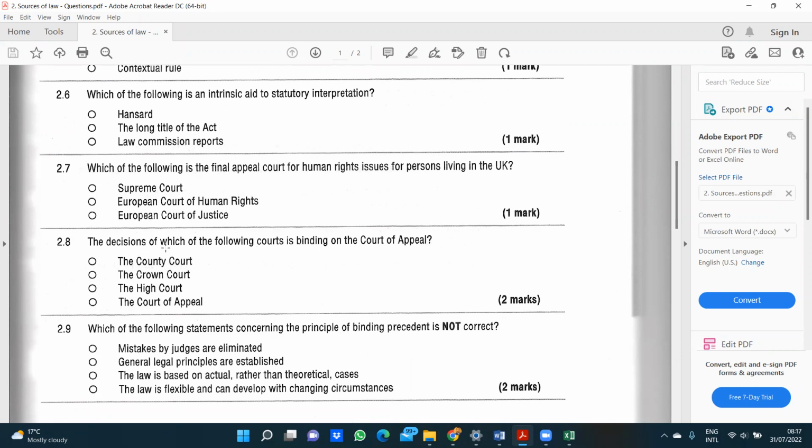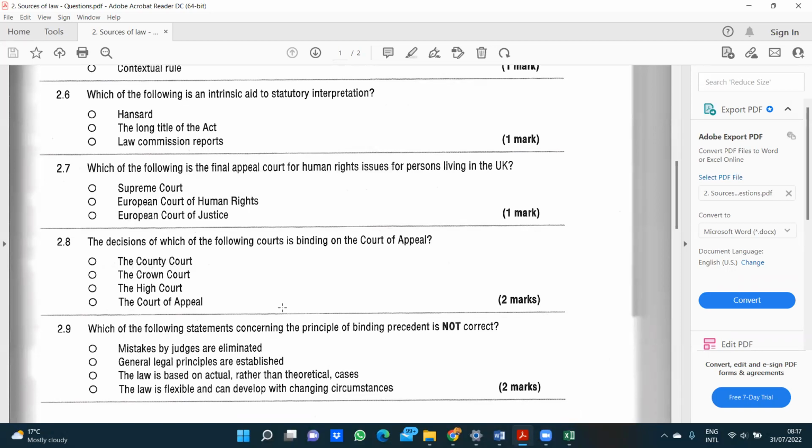The decision of which of the following courts is binding on the Court of Appeal? A, the Crown Court; B, the County Court; C, the High Court; or D, the Court of Appeal? A, B, C, or D? The Court of Appeal itself.